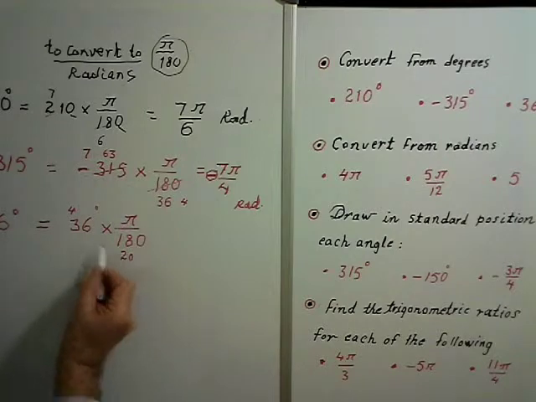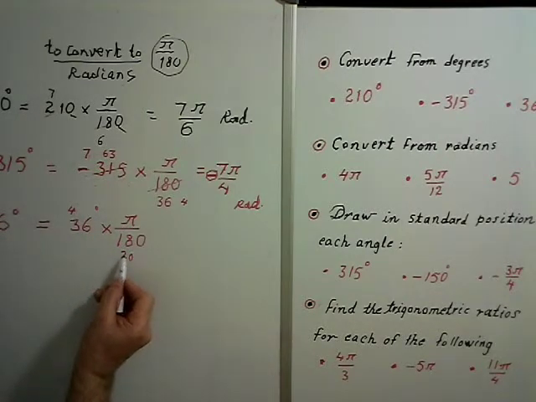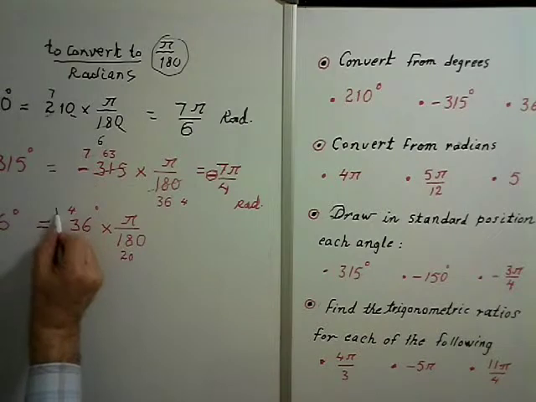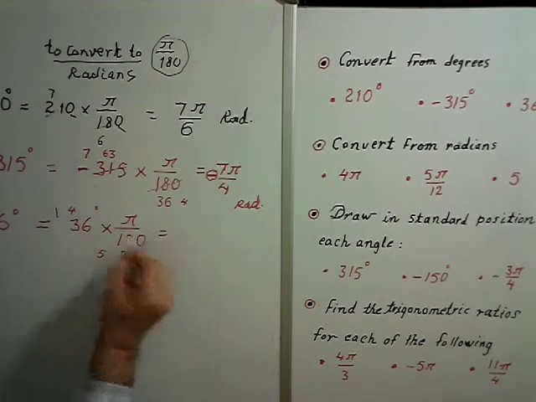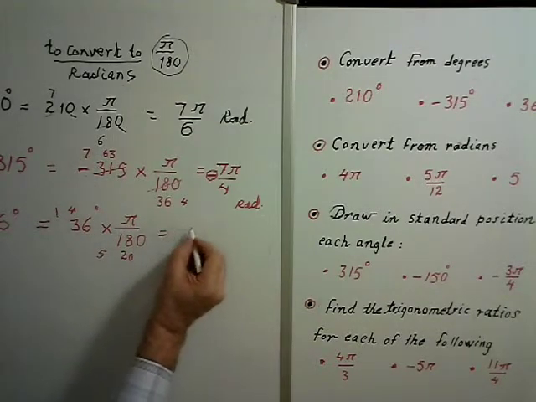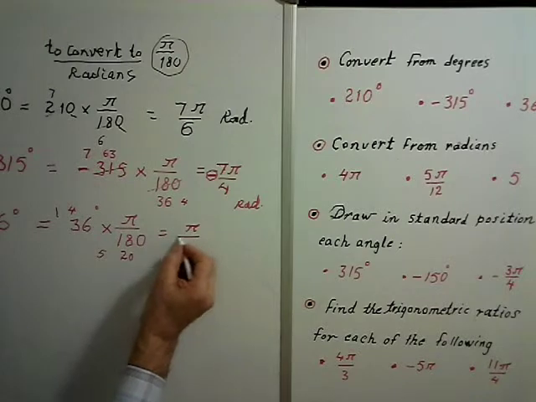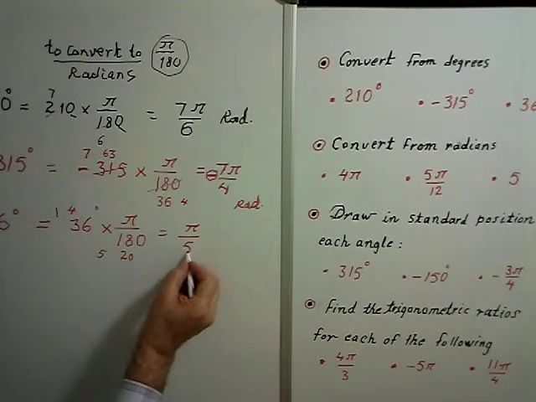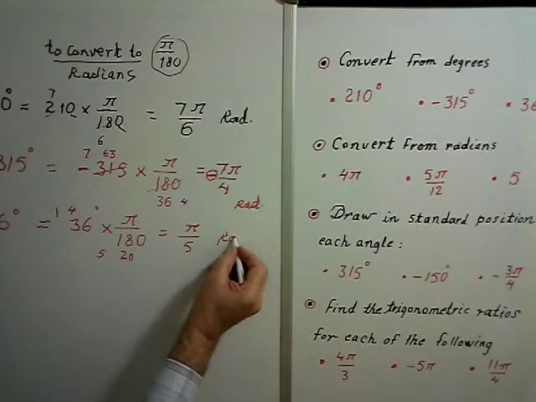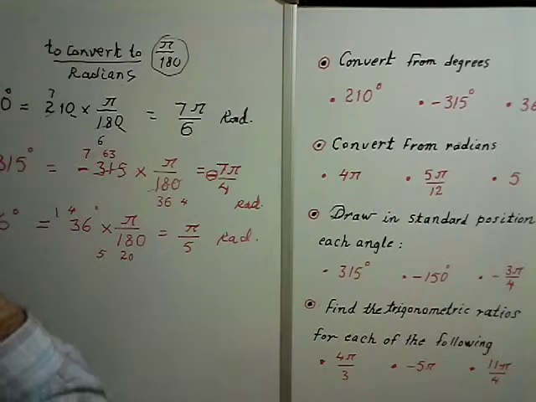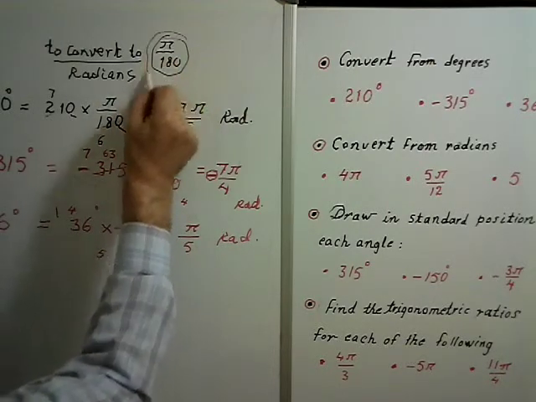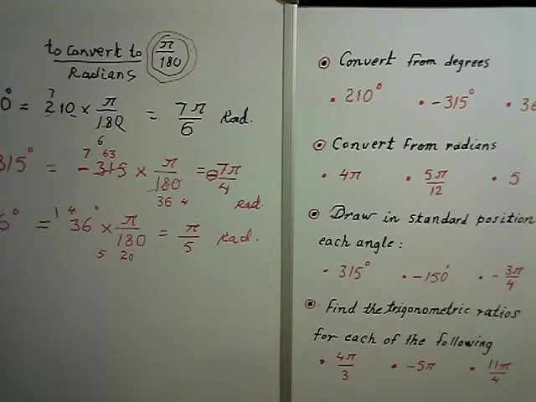Also you can divide both of those by 4: it will be 1, and here it will be 5. So the result is pi over 5 radians. And that's it. So every time you want to convert into radians, you have to multiply by pi over 180. Okay?